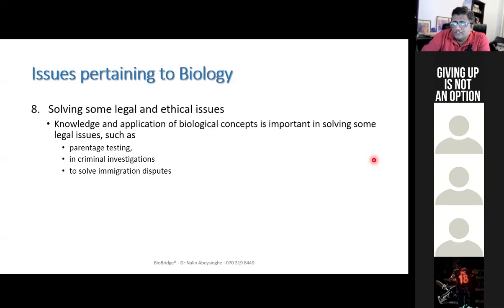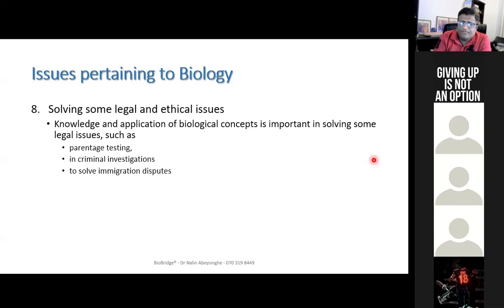So criminal investigation, and solving immigration disputes. That's also an important thing. Immigration disputes arise when people migrate from country to country to obtain a visa, and they claim that they are related to one particular family already being citizens of that country. If there is a suspicion, the authorities can check their DNA and whether that is linked to that particular family in question, right?